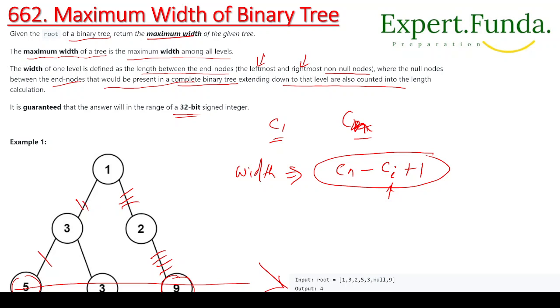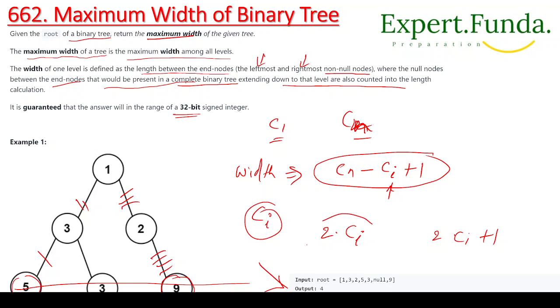So if there is a parent node Ci, the leftmost is 2 into Ci, and the rightmost becomes 2 into Ci plus 1.